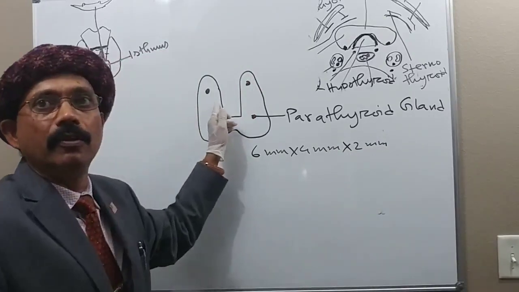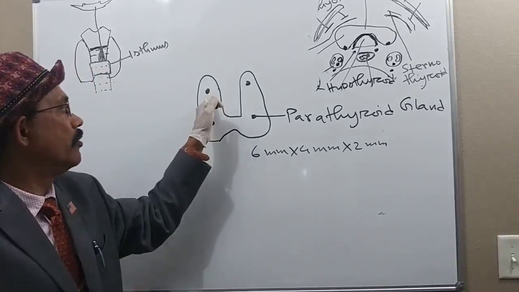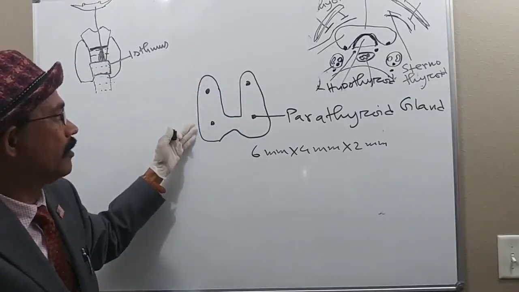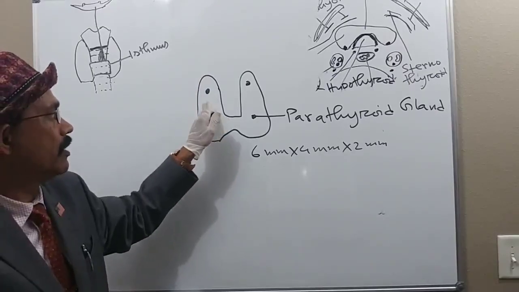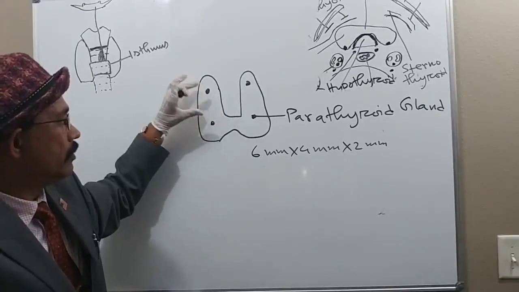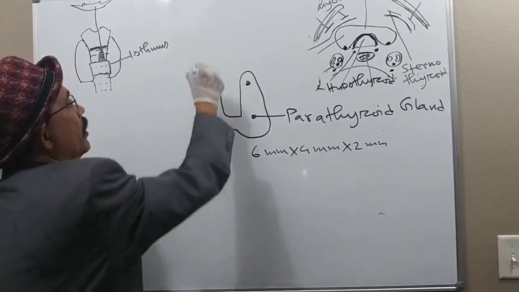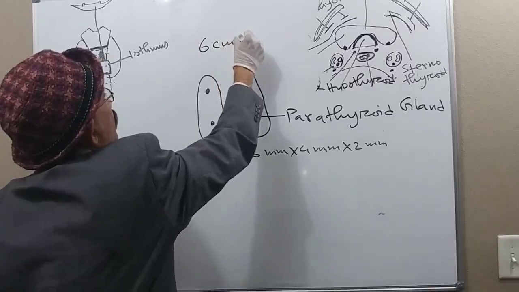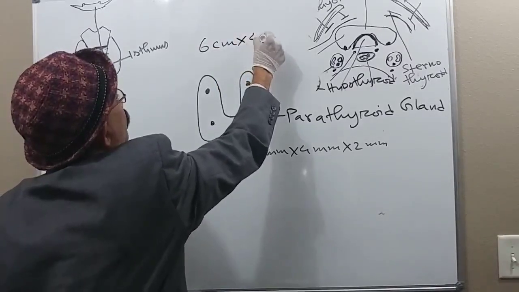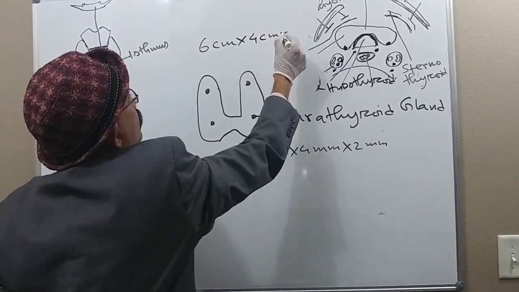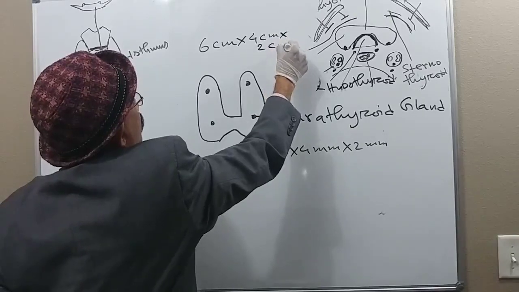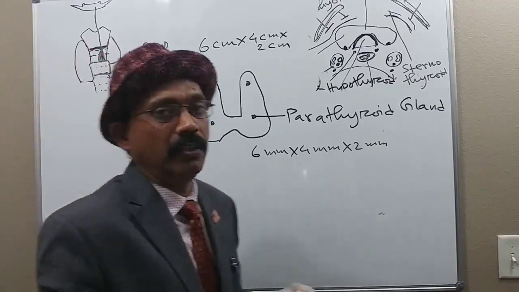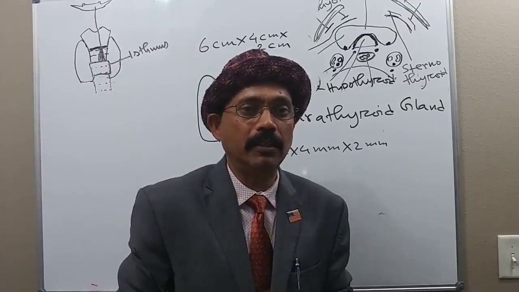In comparison, the thyroid gland may be 5 to 6 centimeter, around 4 centimeter by 2 centimeter. The parathyroid gland is in millimeters, so it is certainly smaller than the thyroid gland.